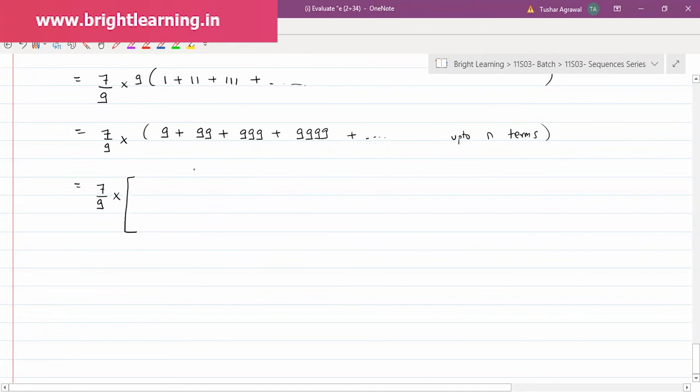But what actually is a geometric progression? 9 I will write as 10 to the power 1 minus 1. Addition. 99 I will write as 100 minus 1, so 10 square minus 1. Addition. 999 is 1000 minus 1, that is 10 cube minus 1. Addition. 10 to the power 4 minus 1. Addition. What is the last term? It will be up to n terms only.